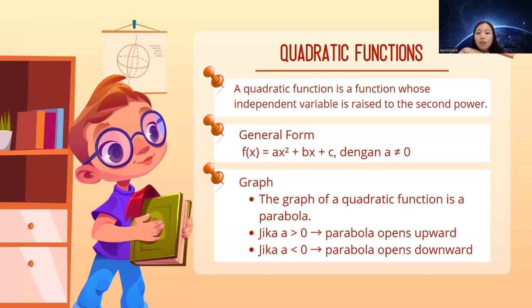Please observe the formula on the screen carefully. The graph of a quadratic function is called a parabola. If a is positive, the parabola opens upward. If a is negative, the parabola opens downward.